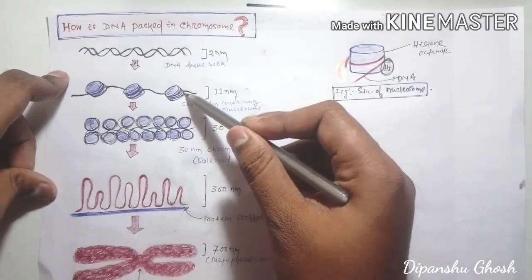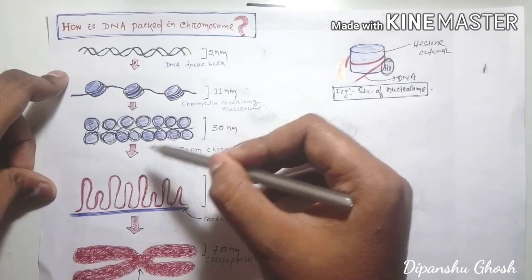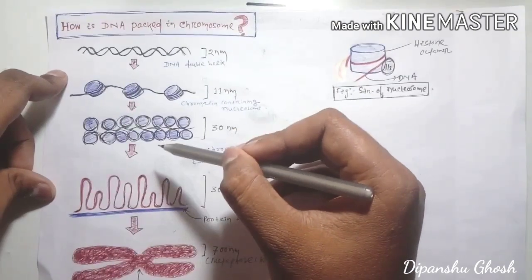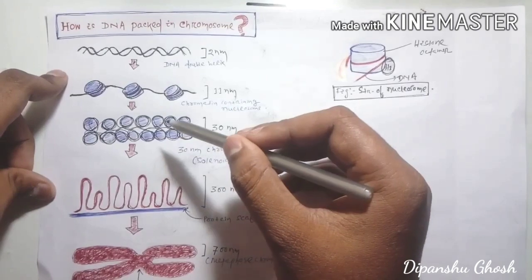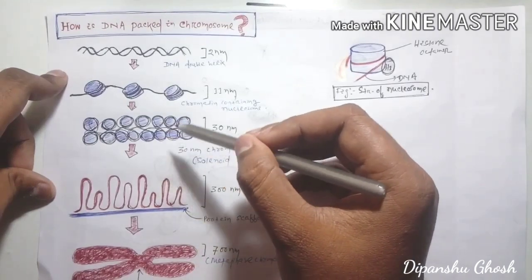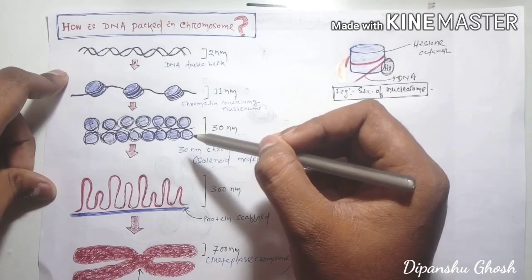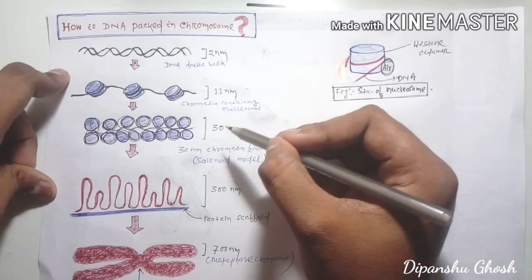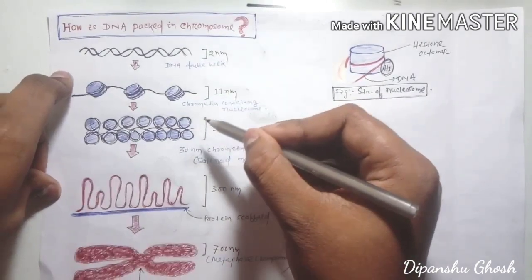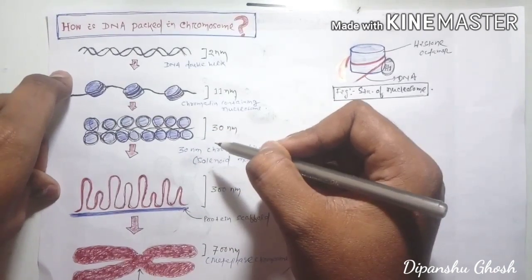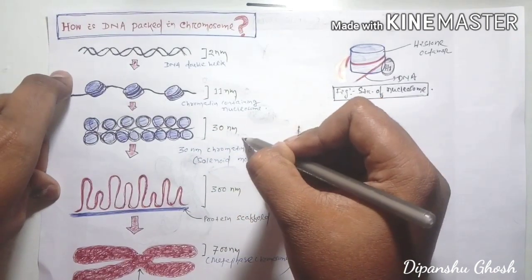That means the nucleosome structures will be more condensed between themselves. They will be intermingled and coiled between themselves to form a much more compact structure. This time the width of the chromatin will be about 30 nanometers.